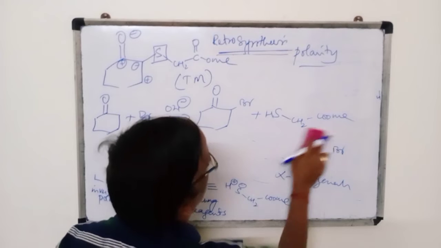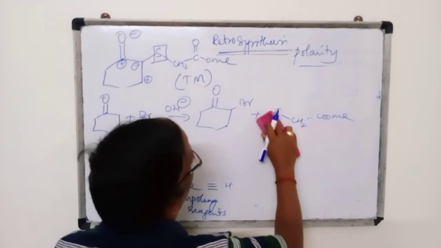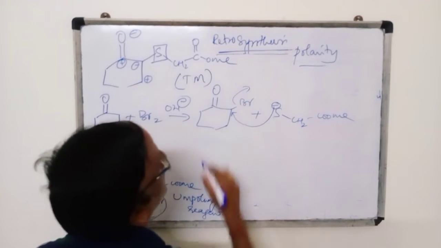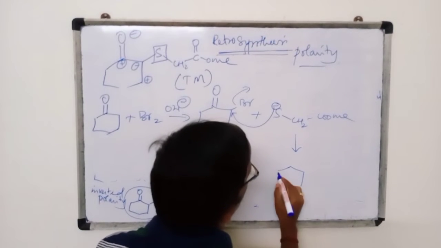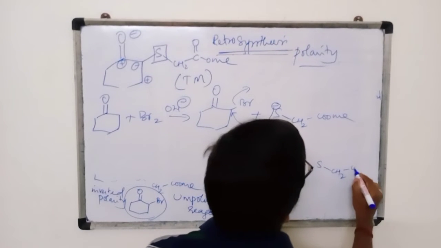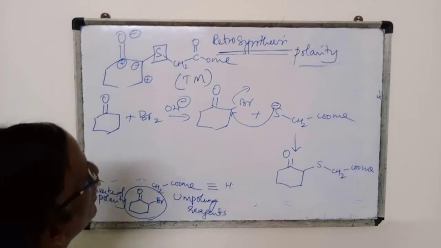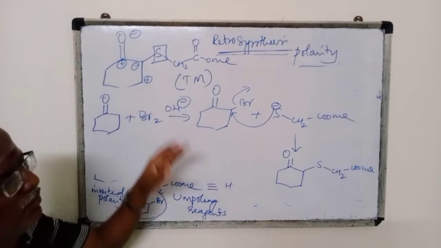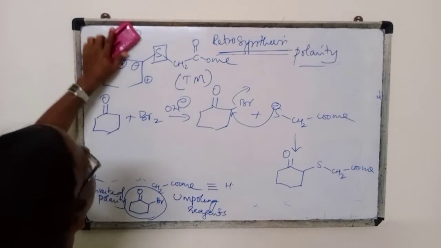The base is going to form a negative charge here, deprotonation takes place, and Br gets eliminated. So these are very simple SN2 kinds of reactions, where I will get CS2 COOMe. Now you can see you are doing the opposite of your normal polarity. So this is called inverted polarity. Also these reagents are called homolog reagents.